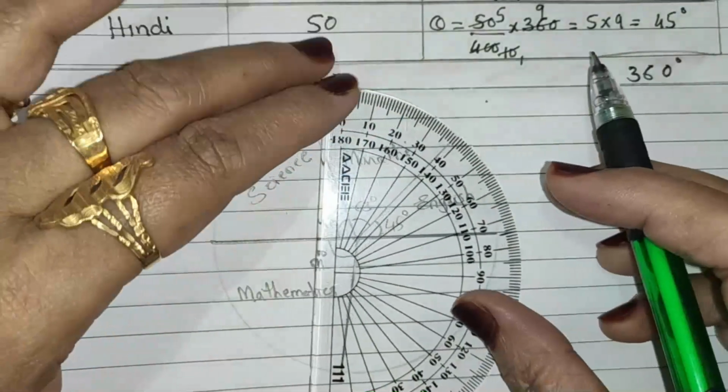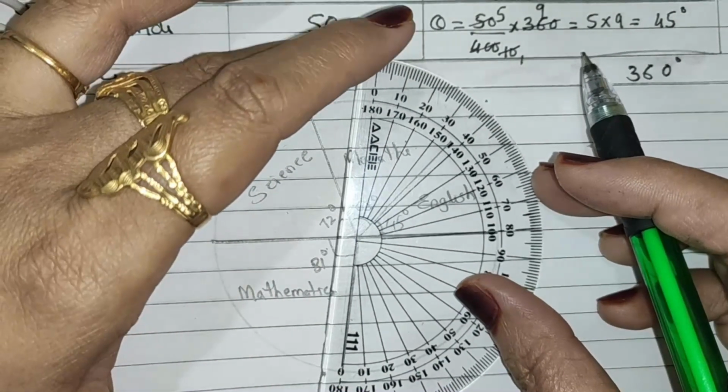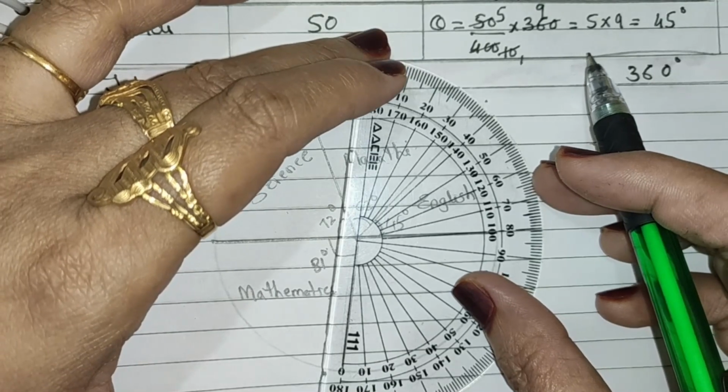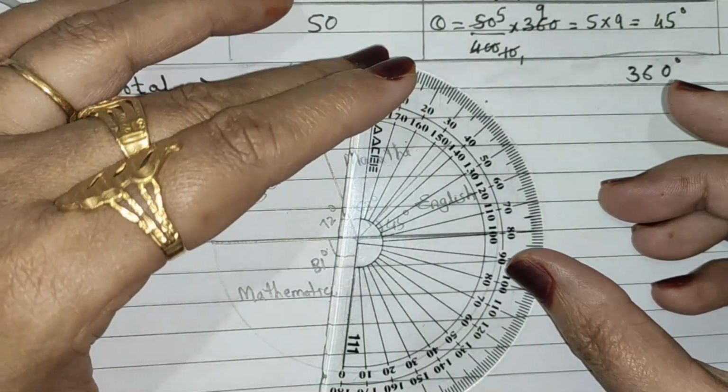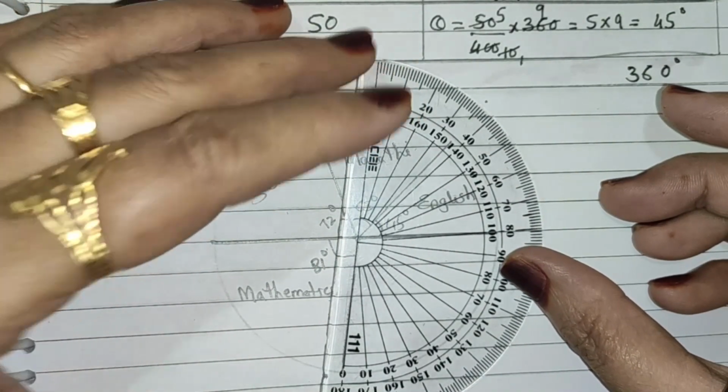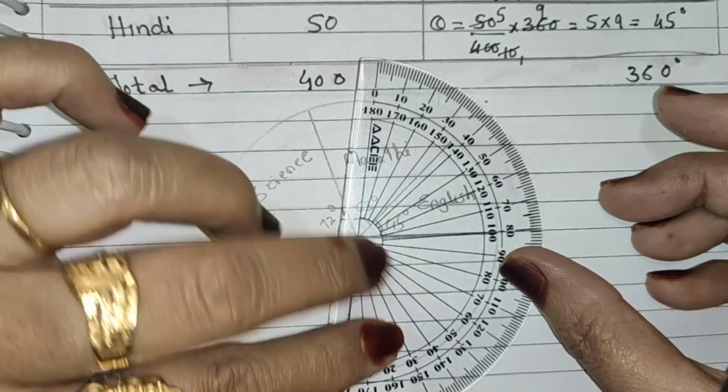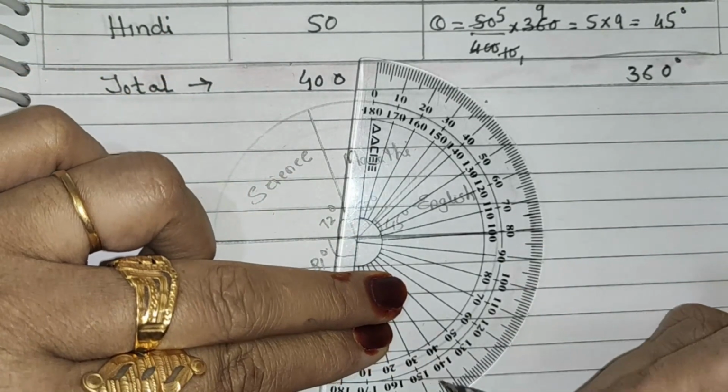Now again put the protractor on this line and measure the angle up to 54.